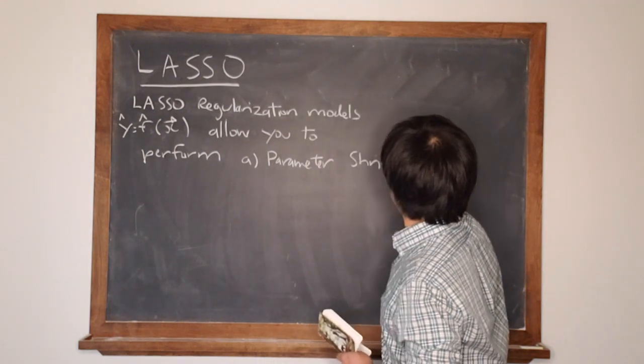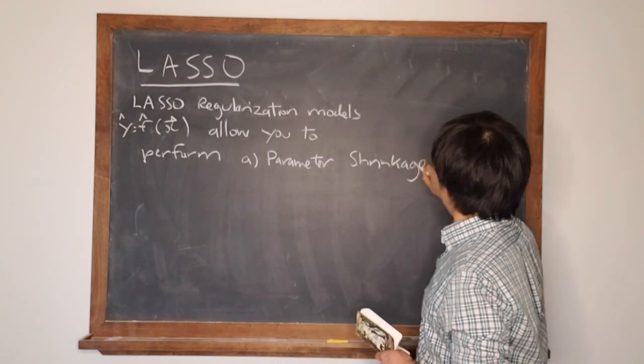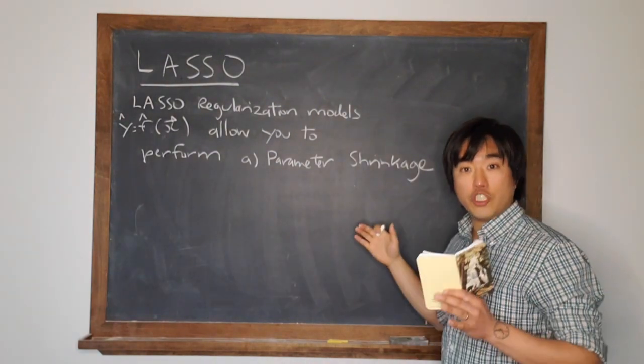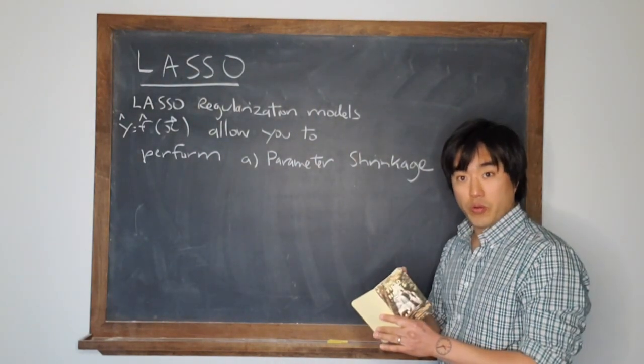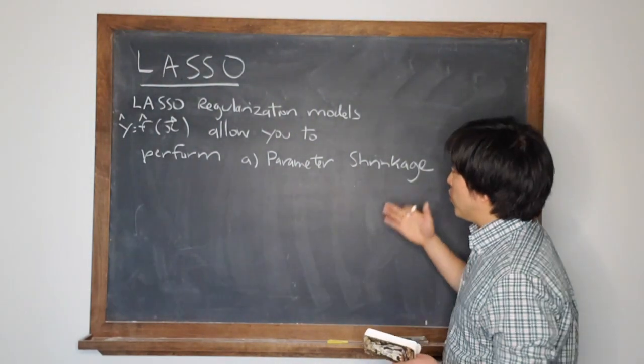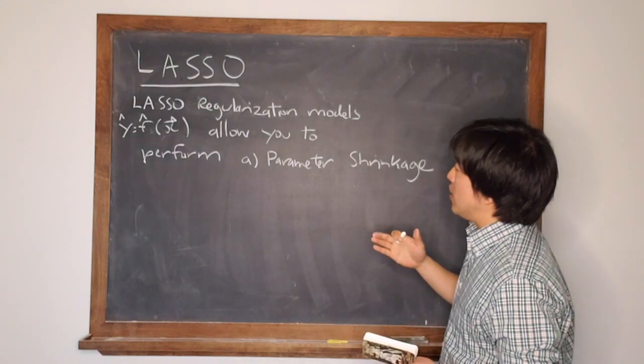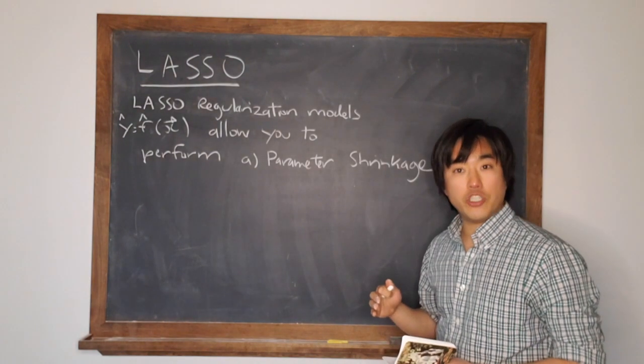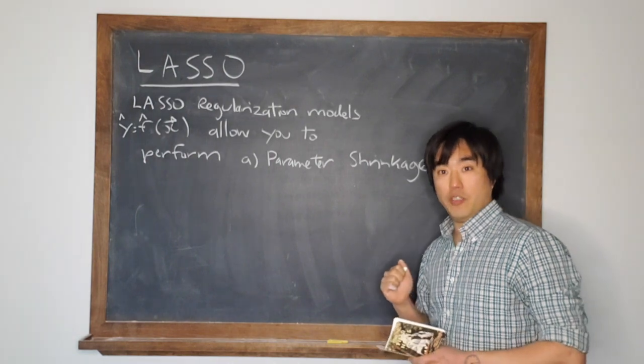When I say shrinkage, I mean shrinking to 0. But relatedly, another thing that LASSO regularization buys you is variable selection.